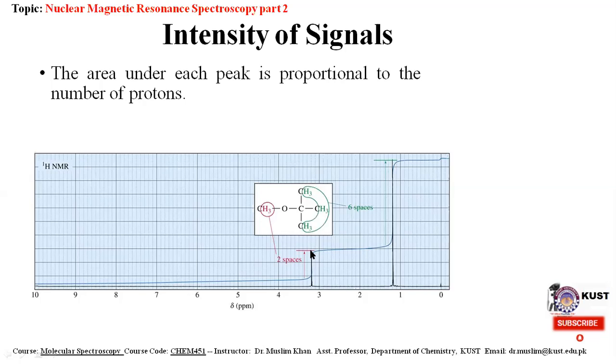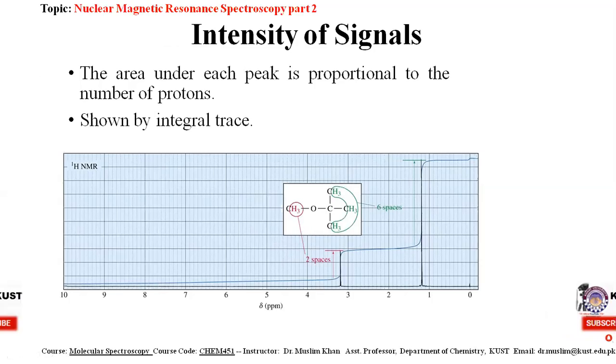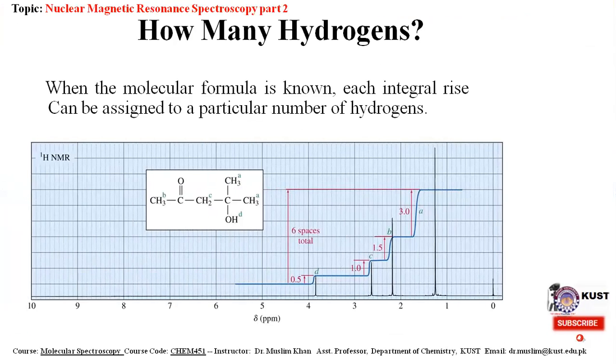So the intensity of these protons will be less in comparison to these 9 protons. This will be less, and this will be more shifted towards downfield. Like you can see, that is around 3.2 or 3 ppm, while that is 1.2 ppm, because these protons are attached to the carbon atom, which itself is attached to a tertiary carbon atom. This is shown by the integral trace.